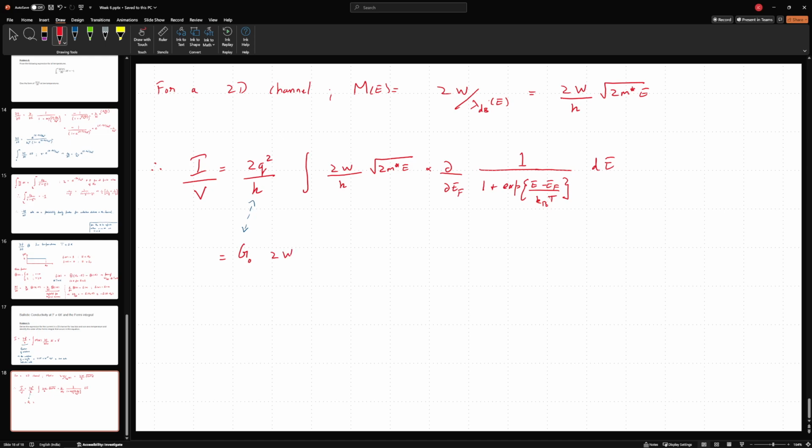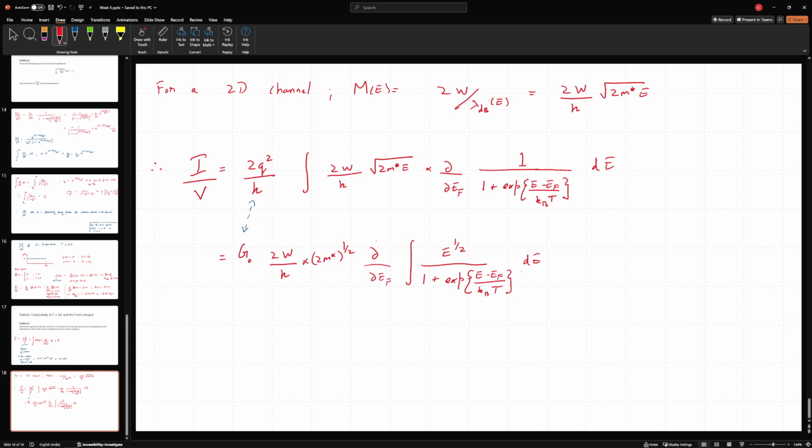Then what are the constants that I shall be getting out? Twice W divided by h into (2m*) whole power half, times ∂/∂EF of E to the power half divided by 1 plus exponential of (E minus EF) divided by kBT, dE.